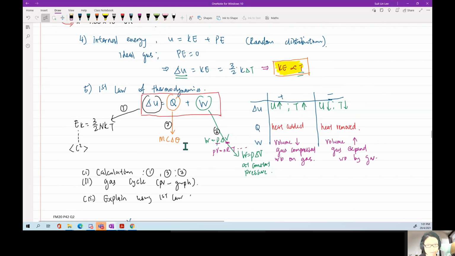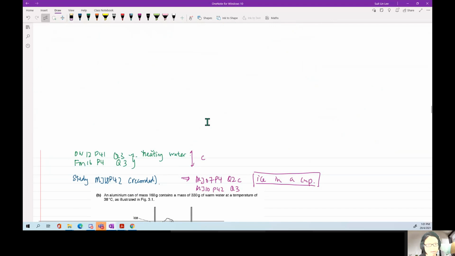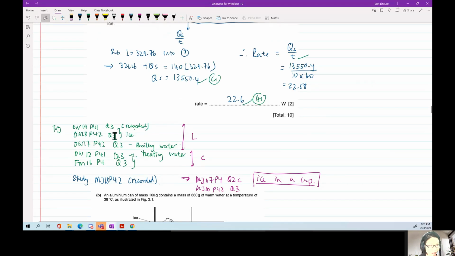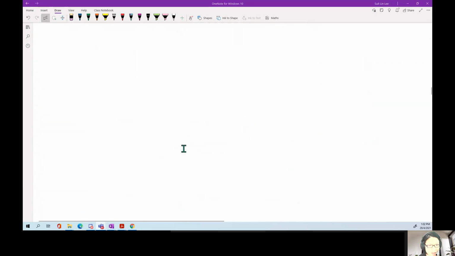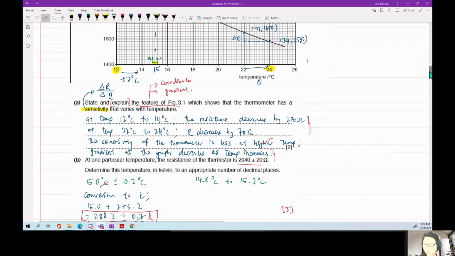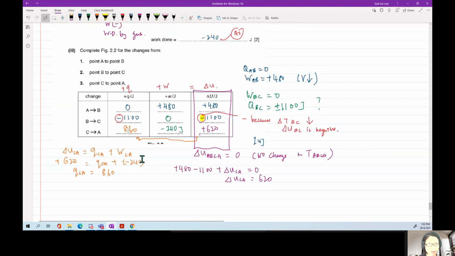This is a bit of a wildcard situation. And for specific heat capacity, this is the second most popular and it hasn't come out for an entire year. So who knows? Go try the question. The gas cycle question also you should go and try. The thermometer one, maybe you're lucky it still won't come out. So go and try questions.